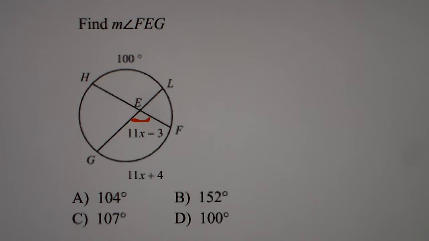There's our orange angle. Here's our red one. Here's our blue one. All right. So we know the red arc plus the blue arc, divided by 2, will get us that little orange angle. So we do 11x plus 4 plus 100.